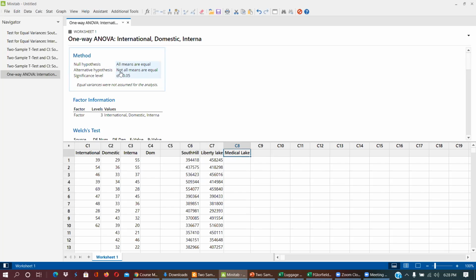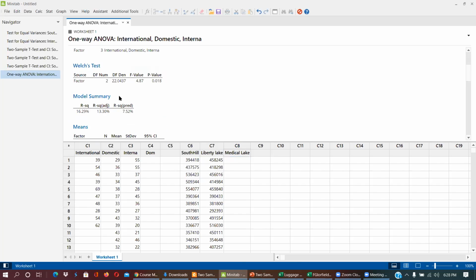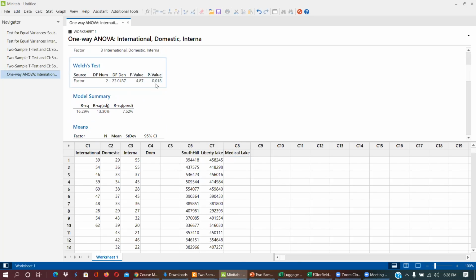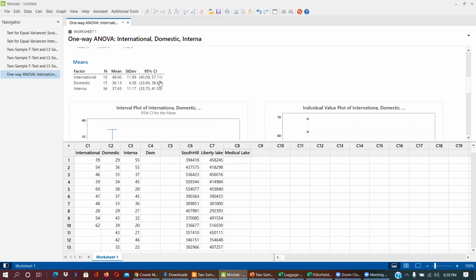And the alternative says not all means are equal. So basically exactly the same way of hypothesis. In this case, I think we have done this with three, and look into the p value, which is less than 5%.